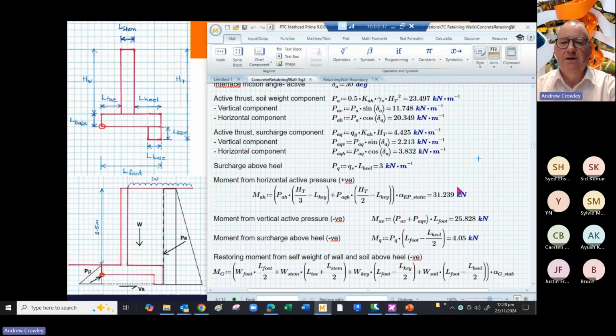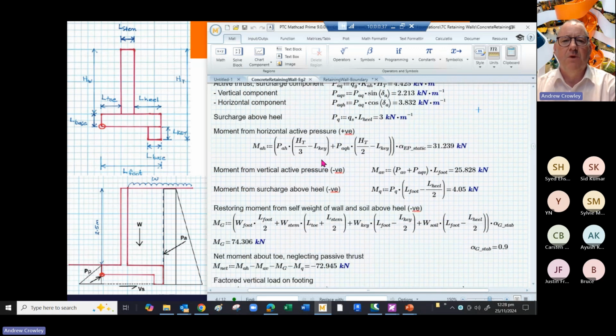Then we work out the moment from the horizontal active pressure, by taking the forces and multiplying by the lever arms, and we get out 31 kilonewtons. The moment from the vertical components of the active pressure, which potentially can be restoring, works out as 25 kilonewtons. That really should be kilonewton meters per meter.